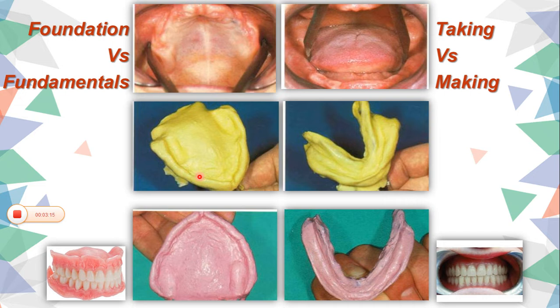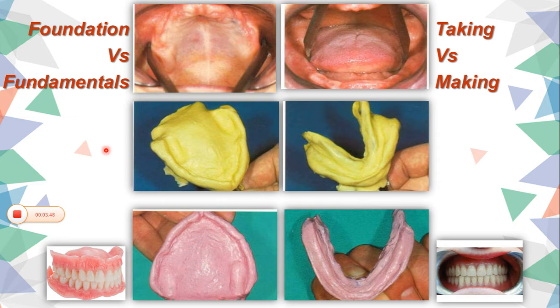So literature clearly says the tissue must be in healthy condition before we start making the preliminary impressions, because healthy basal tissues give a stable denture base, and stable denture bases are very important to perform further clinical procedures like jaw relation, wax trial and other aspects.